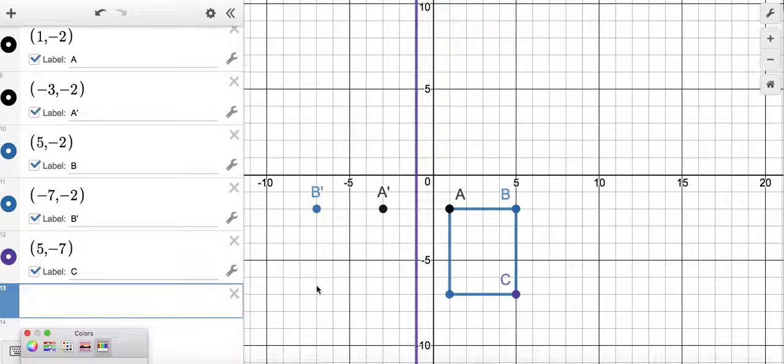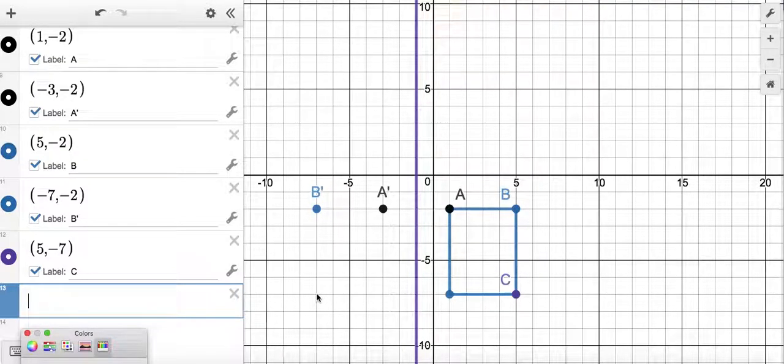Remember, B has to be under C here. So we can count how many spaces it is. It's 1, 2, 3, 4, 5, 6 spaces to the right, so we need to go 6 spaces to the left. We know it's going to be under B prime right here. So if we count 6 spaces, -1, -2, -3, -4, -5, -6, we get -7.